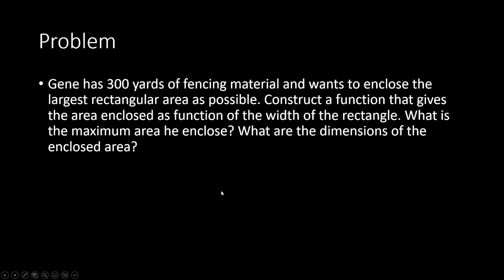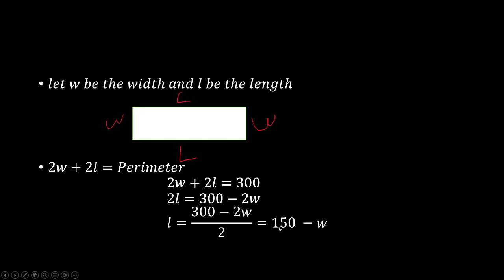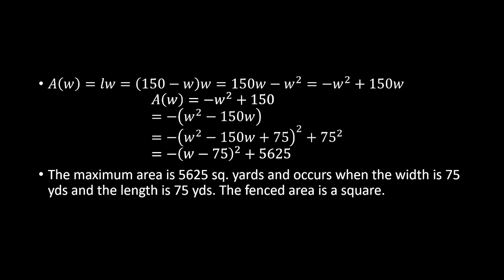Because if you look at the formula for L, it is 150 minus W. So if your width is 75, 150 minus 75 is 75. So the fenced area is a square, because these two numbers give you the same measurement.